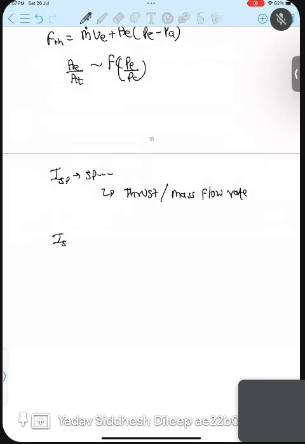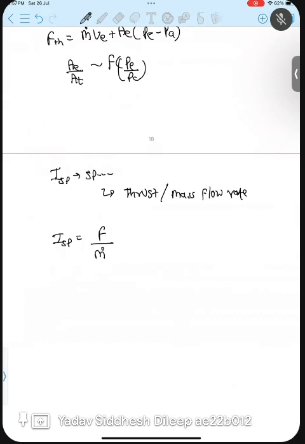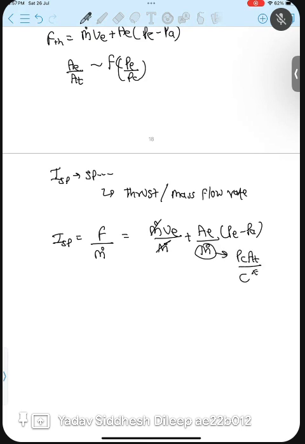So ISP can be written as F upon m dot equals m dot u exit upon m dot plus AE upon m dot into (PE minus PA). M dot cancels over here. Here m dot I will write as PC At by C star.